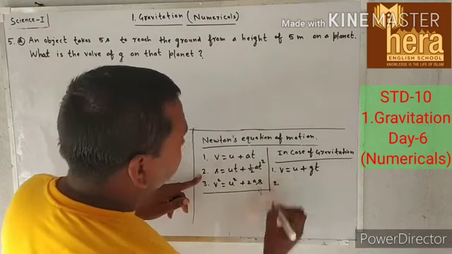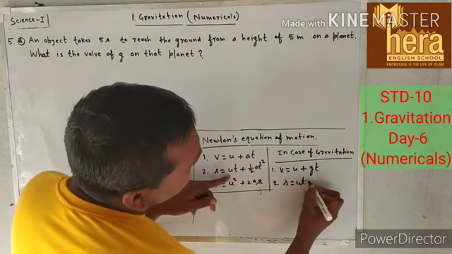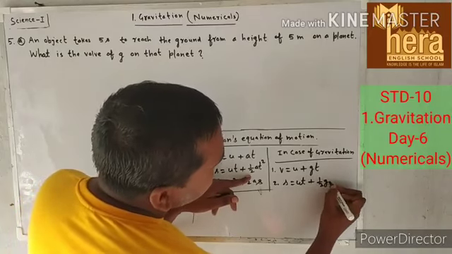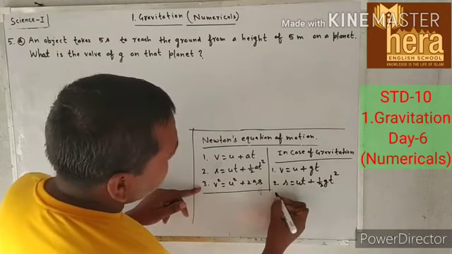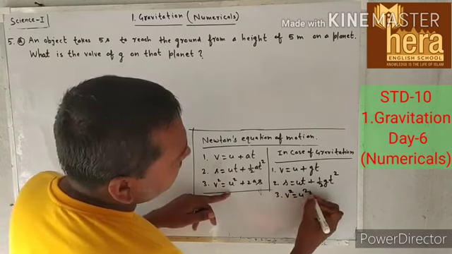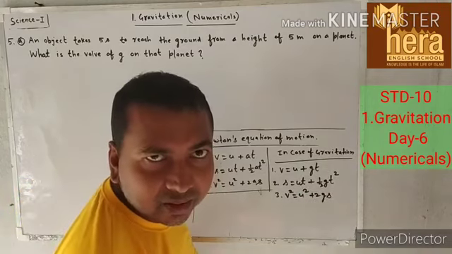And the second equation will be S is equal to UT plus half G T square, and the third one is V square is equal to U square plus 2GS.